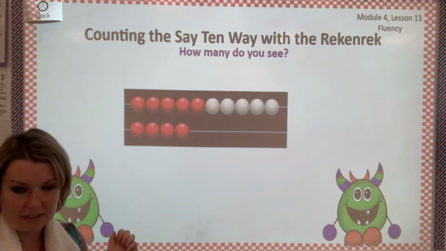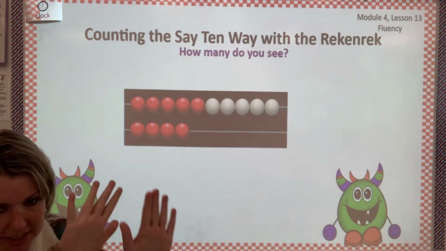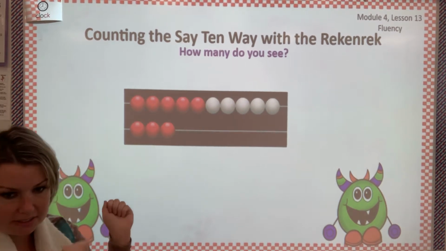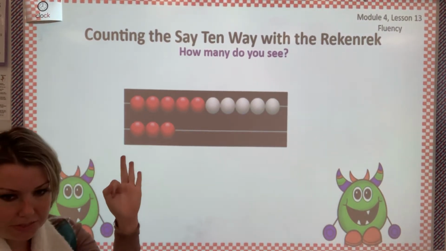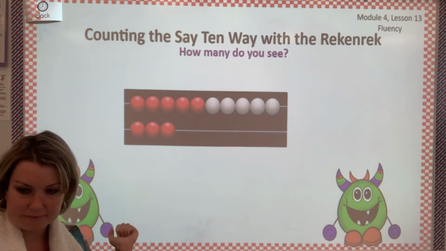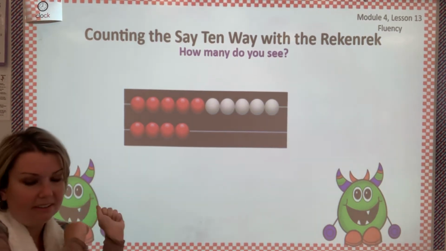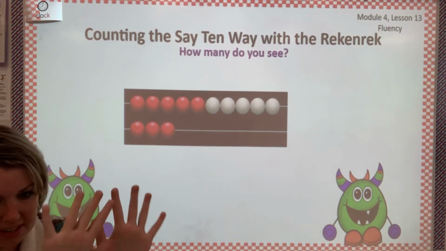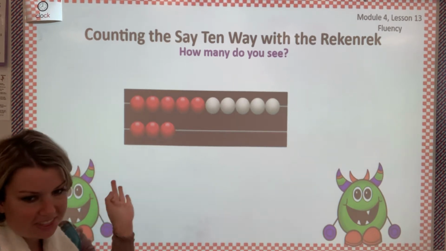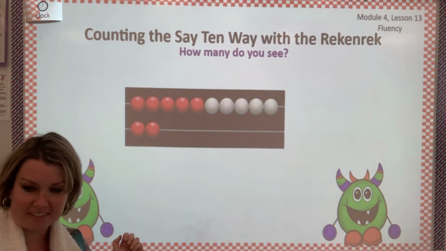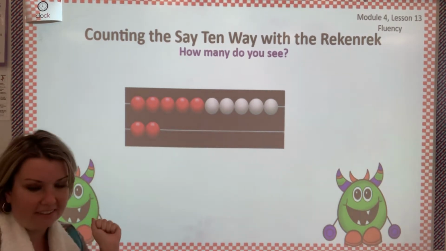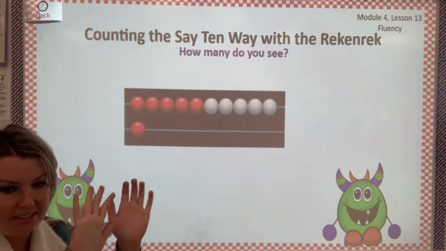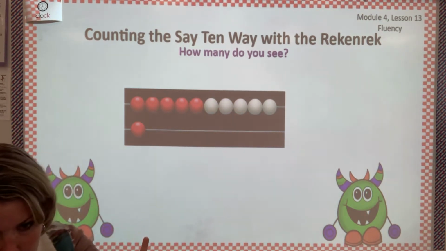That's right. 10. 4. 10. 3. 10. 4. 10. What is it? 3. 10. 2. And 10. 1.